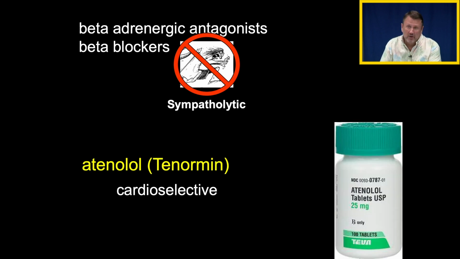Atenolol, Tenormin, is one of the cardioselective beta blockers. Again, if you look up atenolol, Tenormin, you'll see that it's not entirely cardioselective, that people with chronic obstructive pulmonary disease need to avoid these types of beta blockers whenever possible.